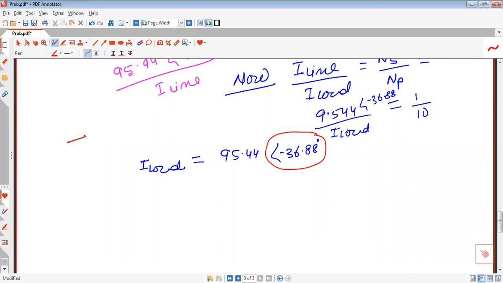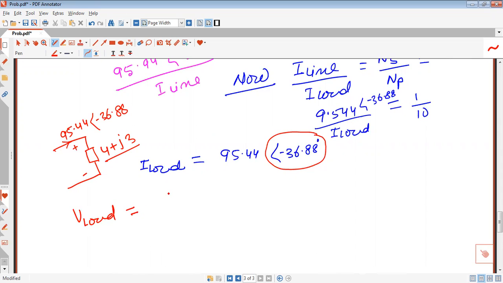Here we have a load, that impedance is given as 4 plus j3, and here the current coming is 95.44 angle minus 36.88. So we have to convert this from rectangular to polar. So V at the load will be from here to here. V, the voltage at the load, will be equal to how much?